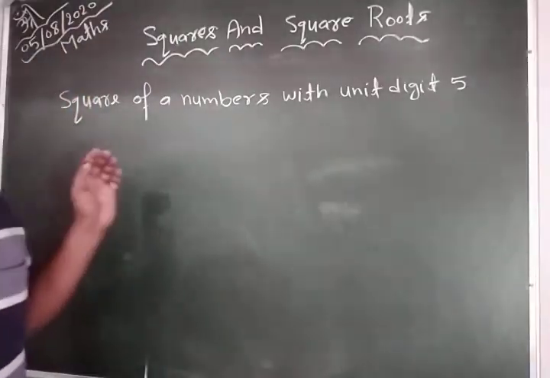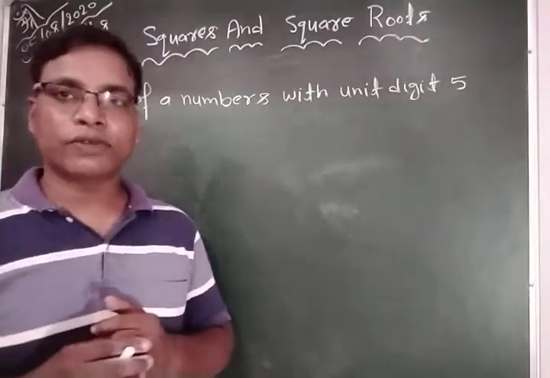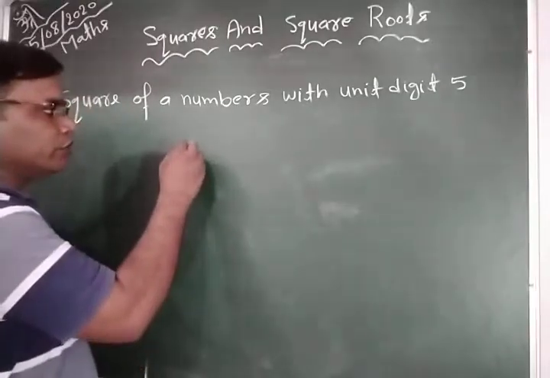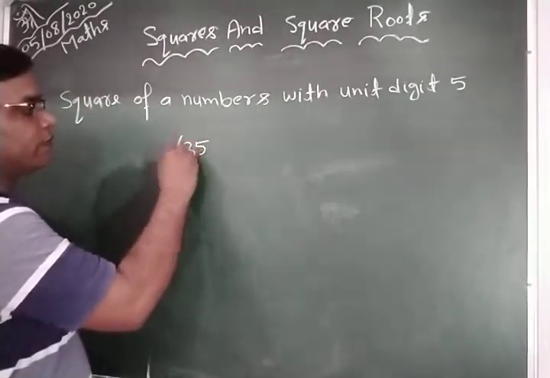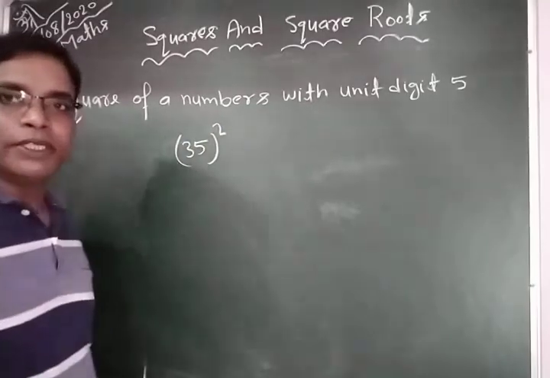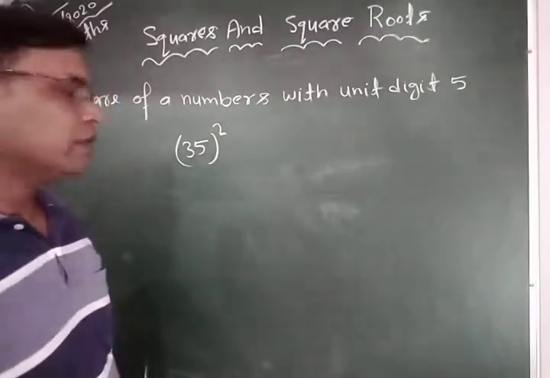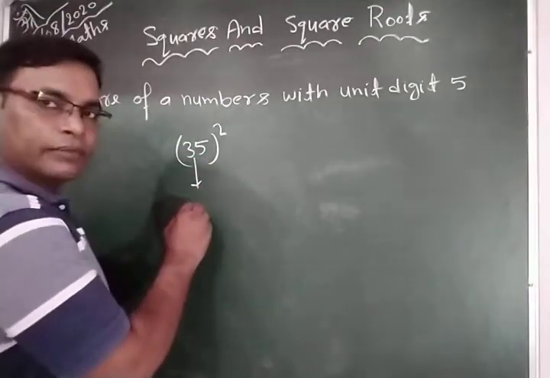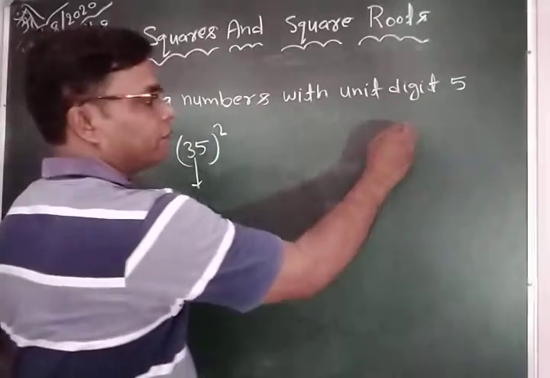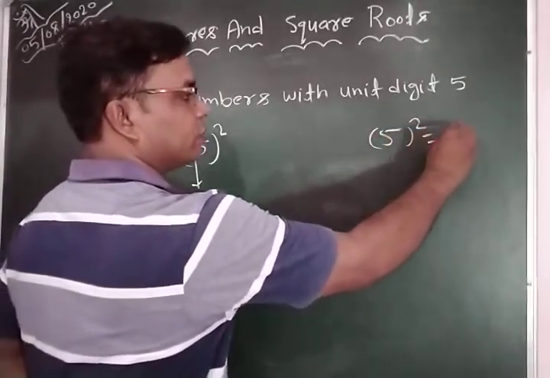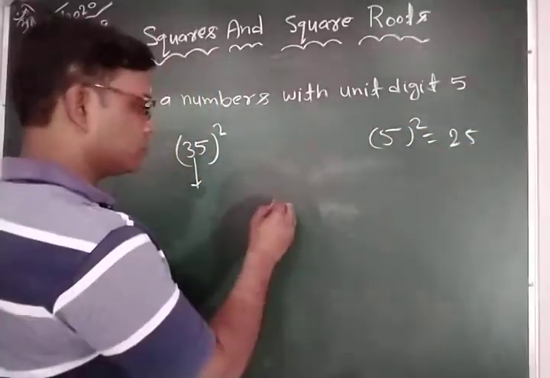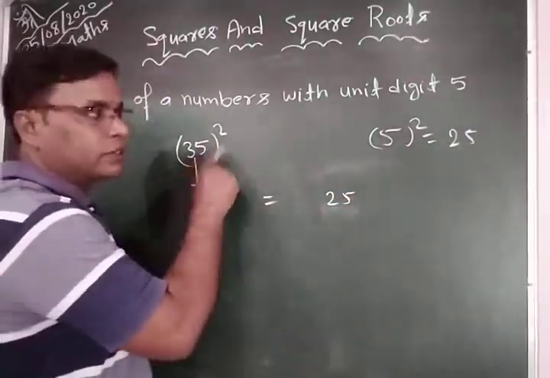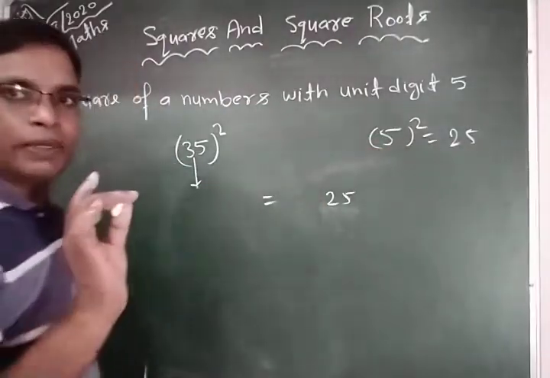Now we are going to discuss how to find the square of a number whose unit digit is 5. Suppose you need to find the square of 35. First we know the square of 5 is 25, so we write 25 here.